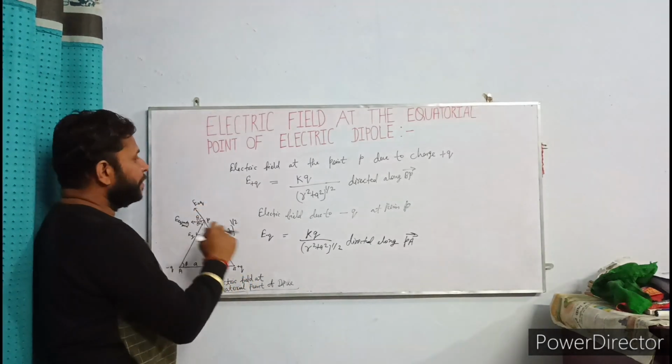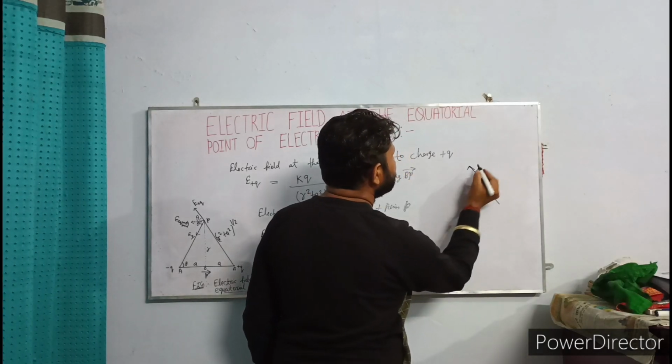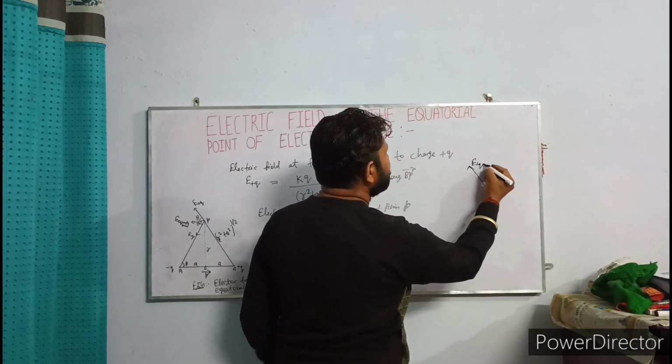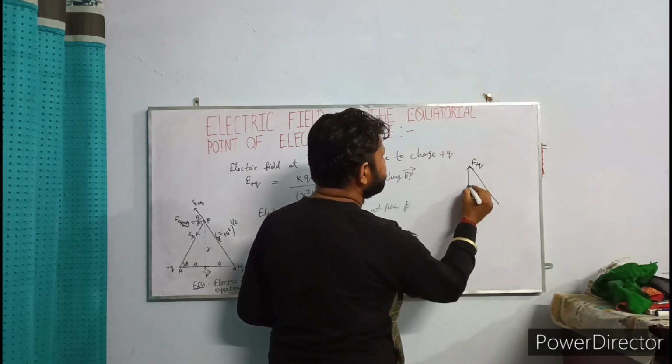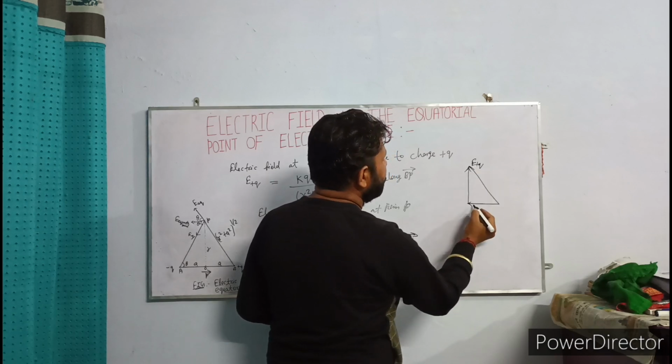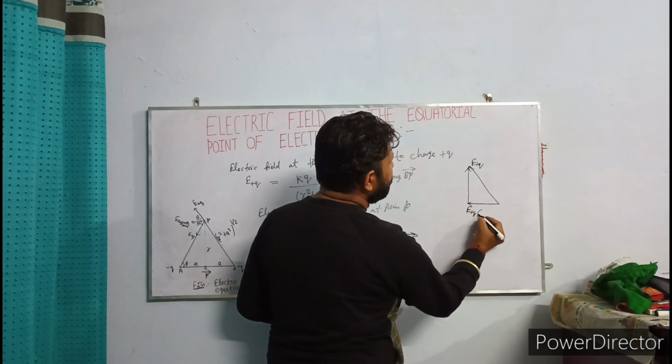So what is the base component? E plus Q is the hypotenuse, and the base component has the value E plus Q cos theta.